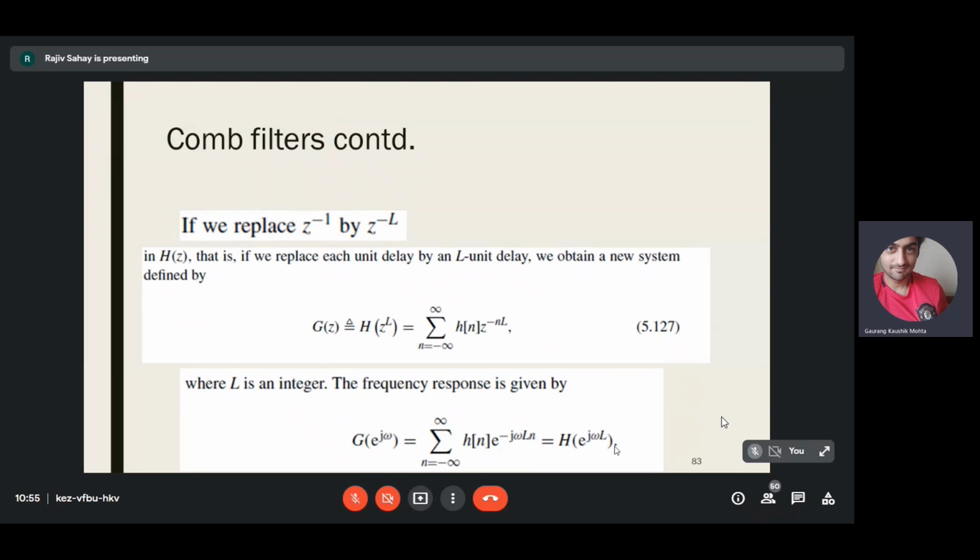If you dilate in the time domain, you are compressing the bandwidth in the frequency domain. Because of the periodicity property of H of e to the power j omega, you will get repetitions of the spectrum inside the original frequency range.